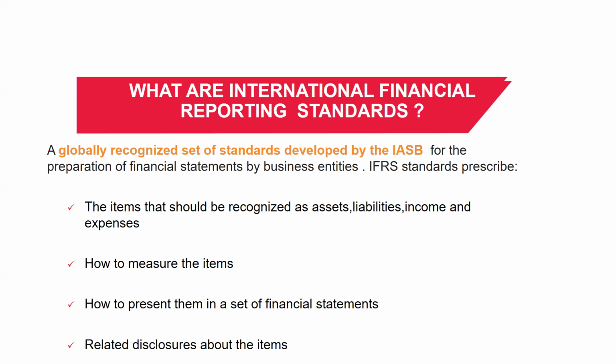For example, if you have particular assets that have been used as collateral for a loan, that disclosure needs to come out, that included in the non-current assets or fixed assets section, asset worth this much have been used to secure a loan.